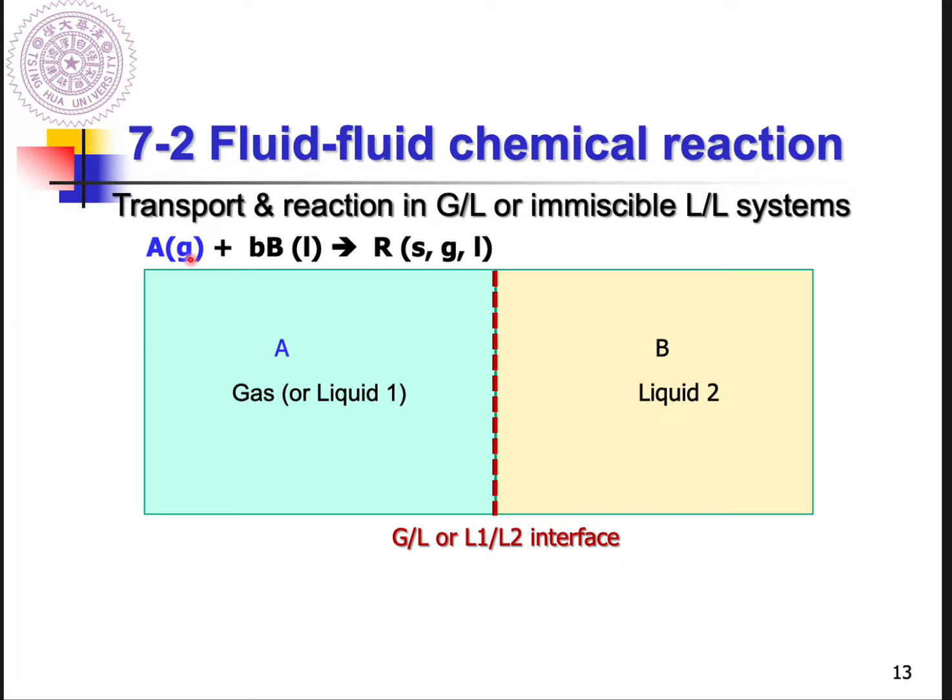So I'm going to use this slide to demonstrate what we need to consider when we deal with a fluid-fluid chemical reaction. Now we have a gas A reacting with liquid B, and then we will generate some form or phase of product R, and we assume R can easily get out of the interface, so we don't need to consider the production of R. On the left-hand side we have gas A, and on the right-hand side liquid B, with an interface between gas and liquid.